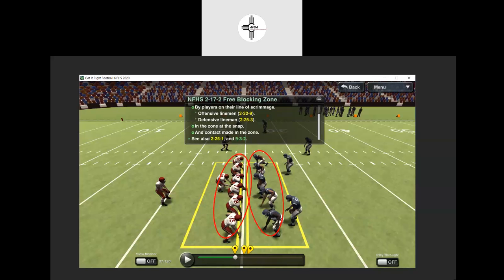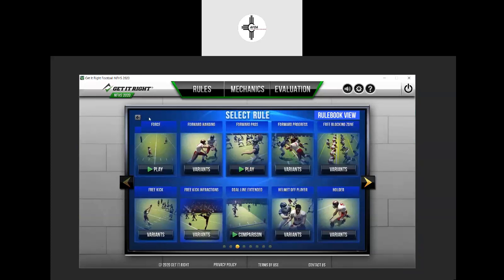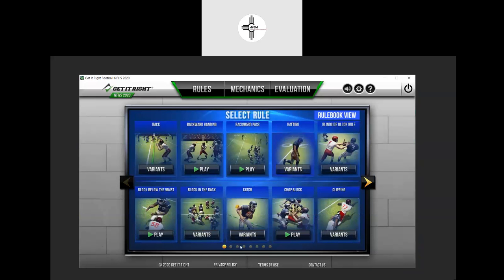Again, they have to be on the line of scrimmage at the time of the snap and inside that free blocking zone. Just to make a point, if you want to show a clip real quick with the chop block, have we covered that yet, to make sure we understand the difference between a low block and a chop block?